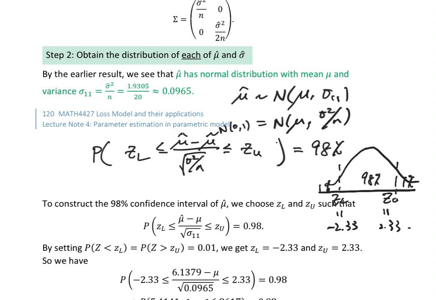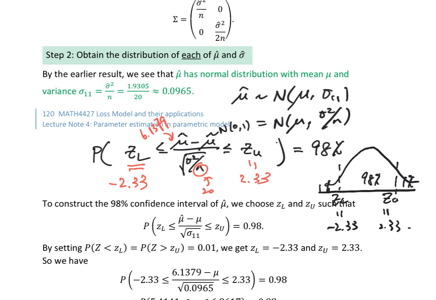Once you have this, you can put that in and you will get something like this, and the mu is 6.1379.